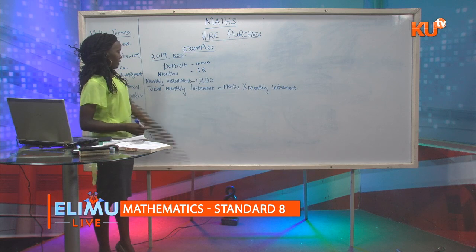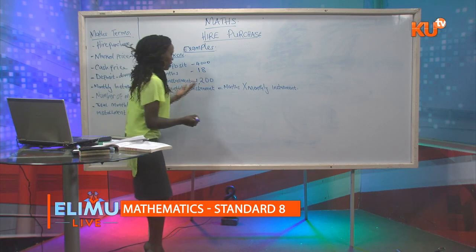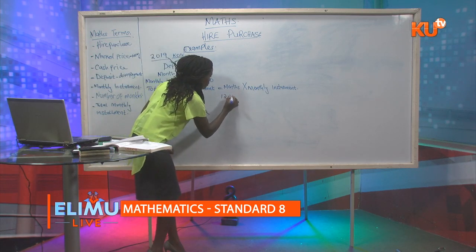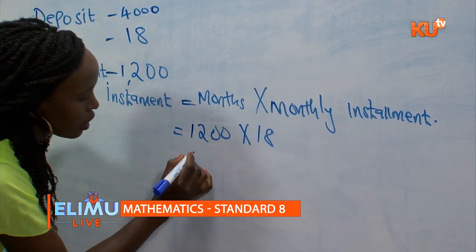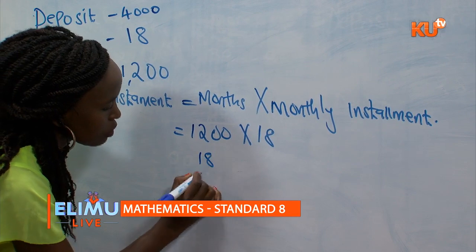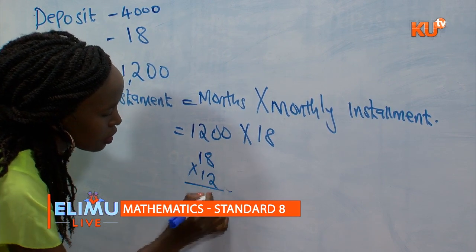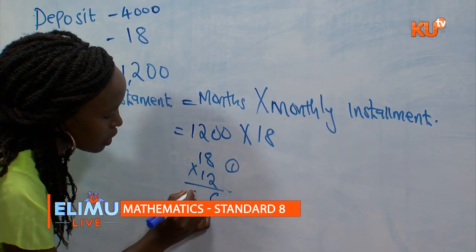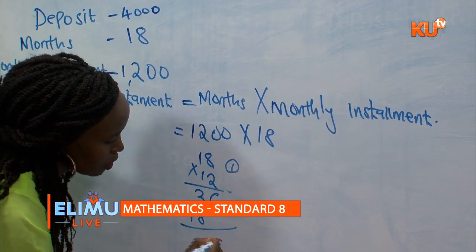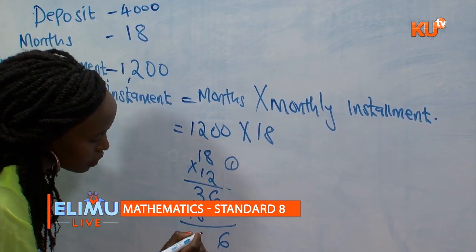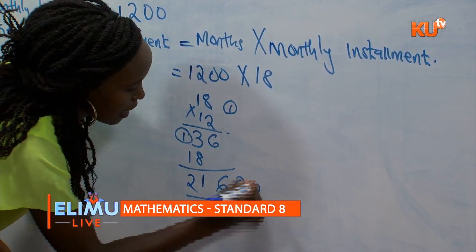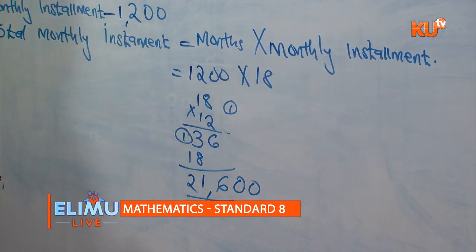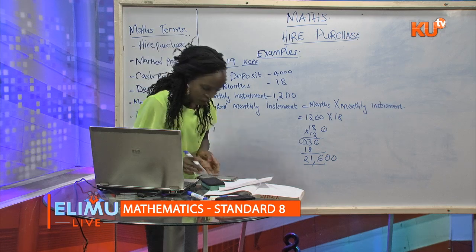So the number of months was 18 and the monthly installment was 1,200. We take 18 times 12: 16, carry 1, 2, 3. We get 216. Then times 100, we get 21,600. 21,600 is now the total monthly installment.